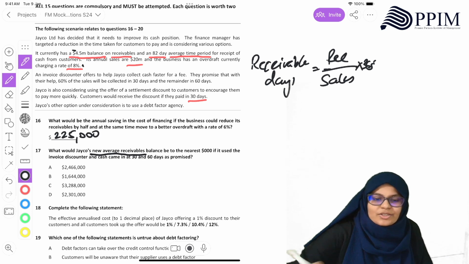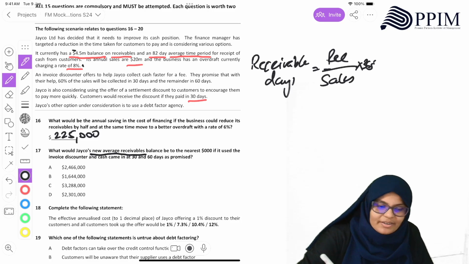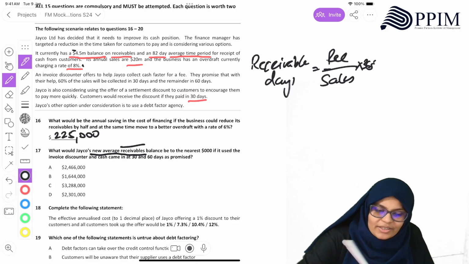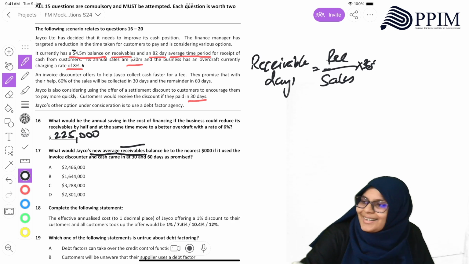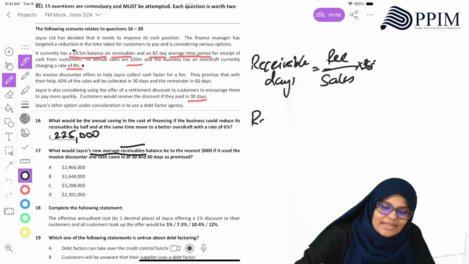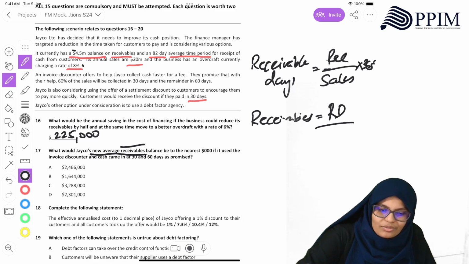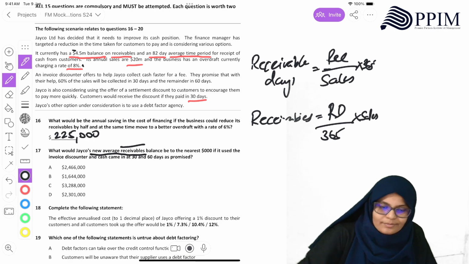Okay. Right. Sorry about that. So I have the receivable days, that will be receivables over sales into 365, right? Now they are asking me for receivables. So what I can do is I can rearrange this equation. Okay, so what I will do is I will make receivables the subject of the formula. So receivables will equal the receivable days over 365 into sales.